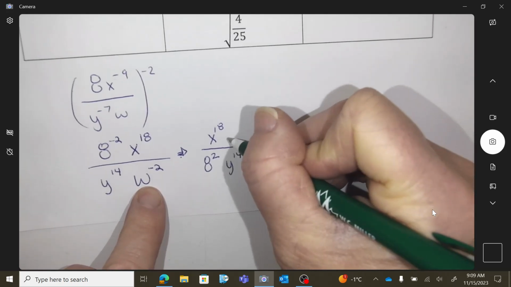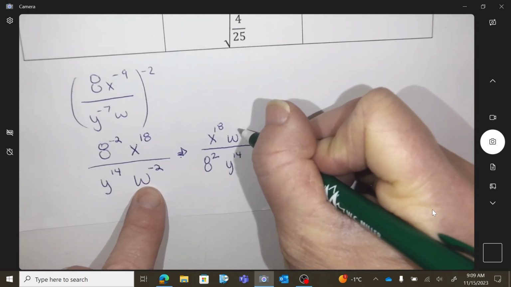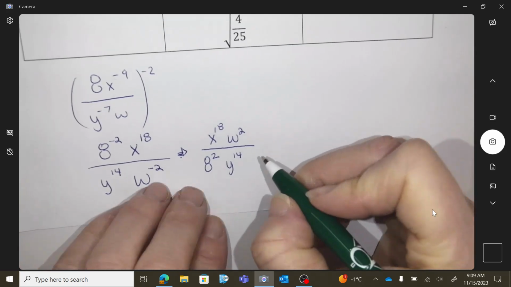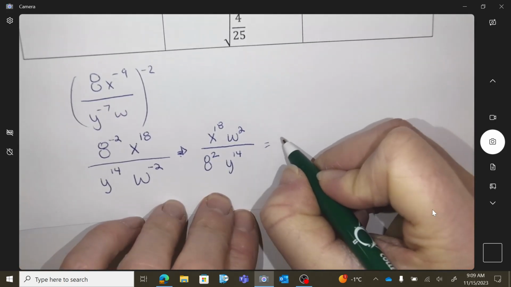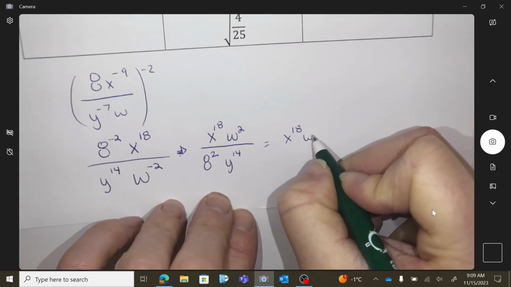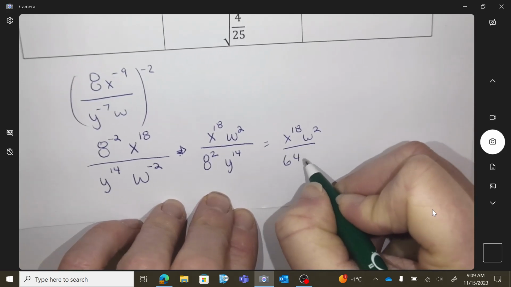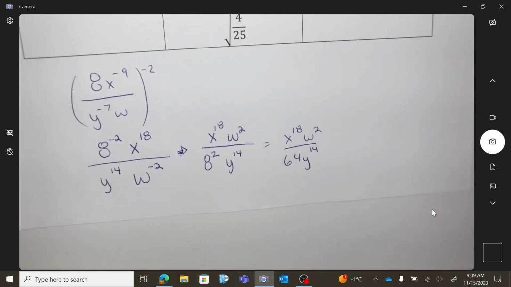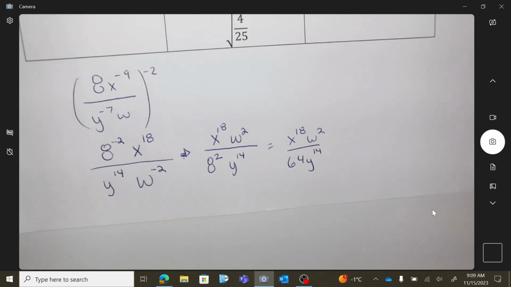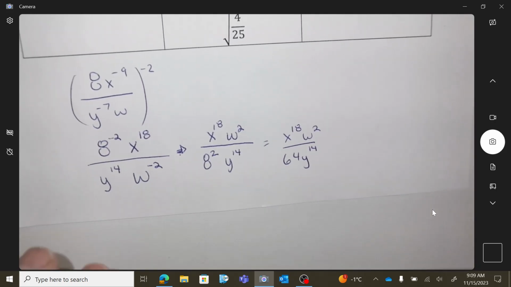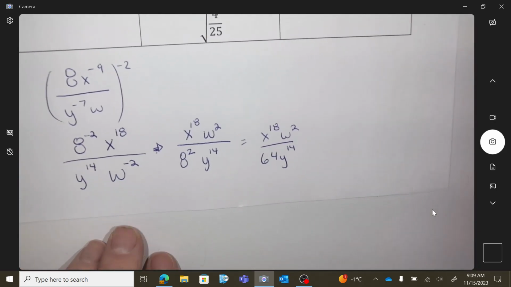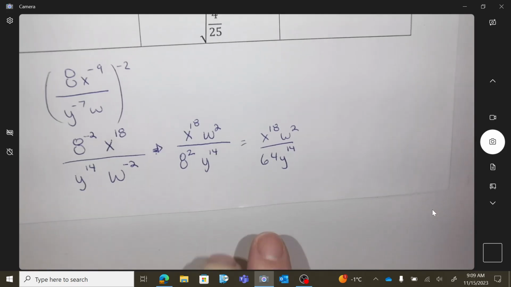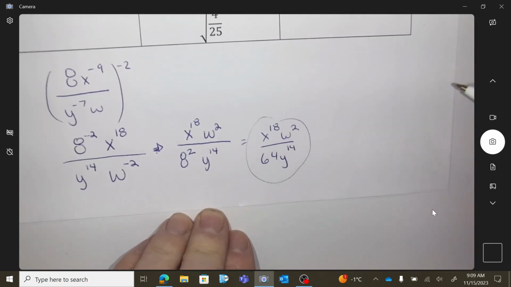The W part moves. Okay, so this would be my final answer.